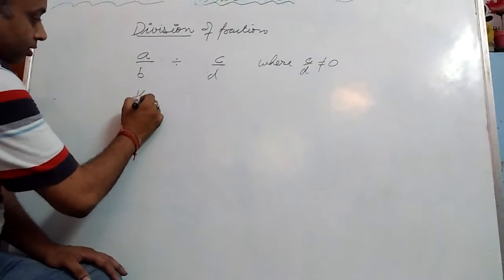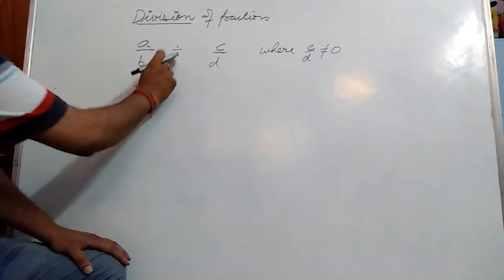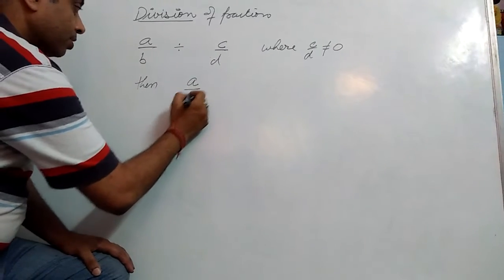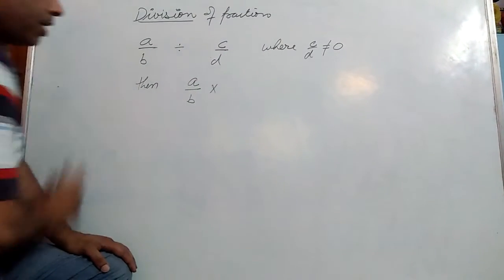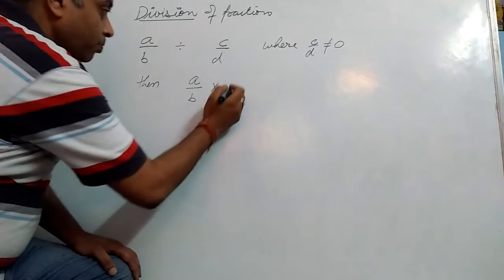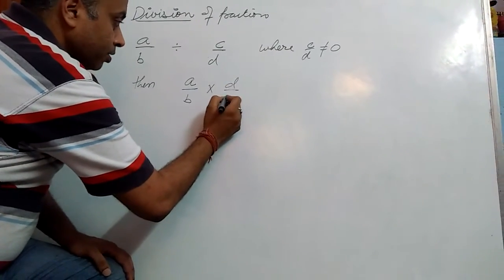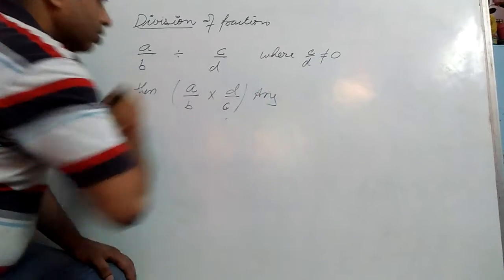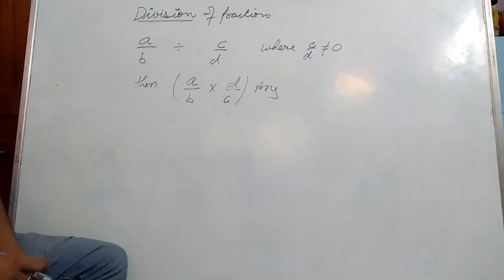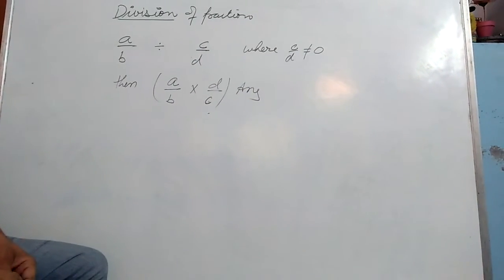Then this division may be represented as a upon b multiply reciprocal of d upon c. This is the answer and the result of the division of a fraction.